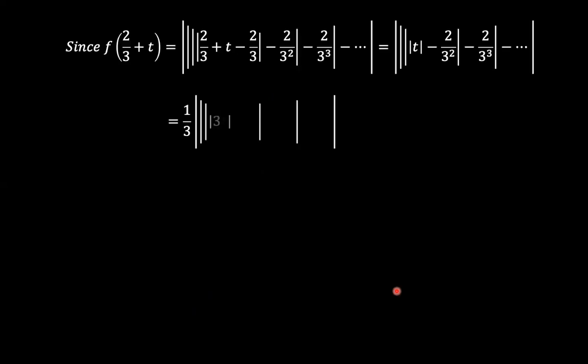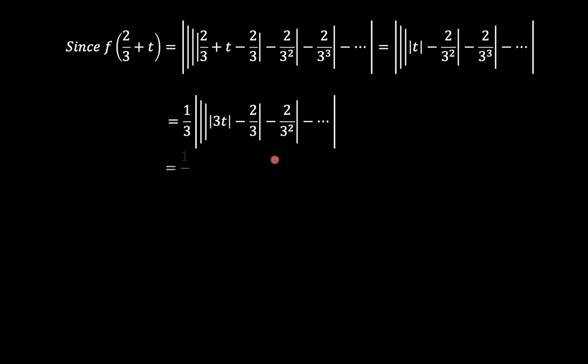Now, f of 2 over 3 plus t is equal to, as we previously saw, the absolute value of t minus 2 over 3 squared minus 2 over 3 to the power 3, and so on. When we pull 3 out, we have a third times the same expression in 3t.